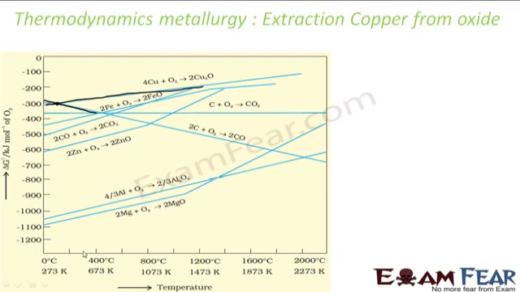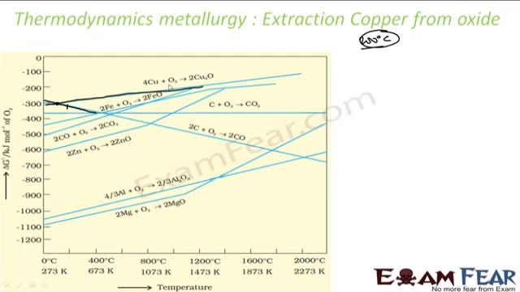Almost 200 plus, that is 200 degrees Celsius. So at 200 degrees Celsius plus, carbon will be in a position to reduce my copper oxide to copper.